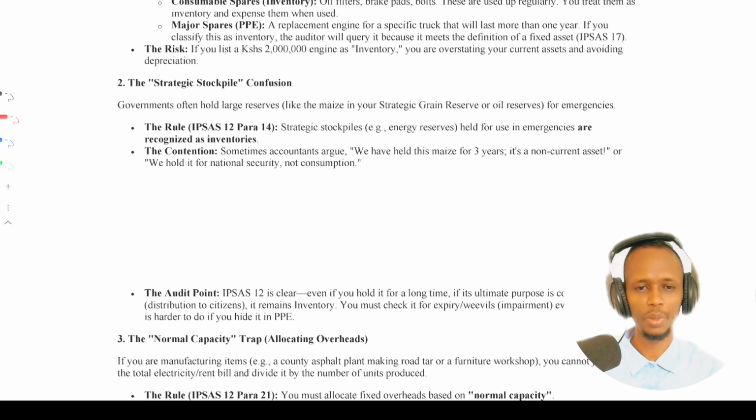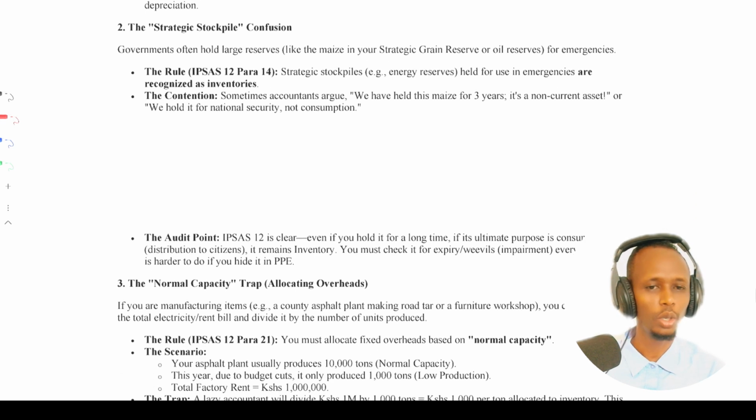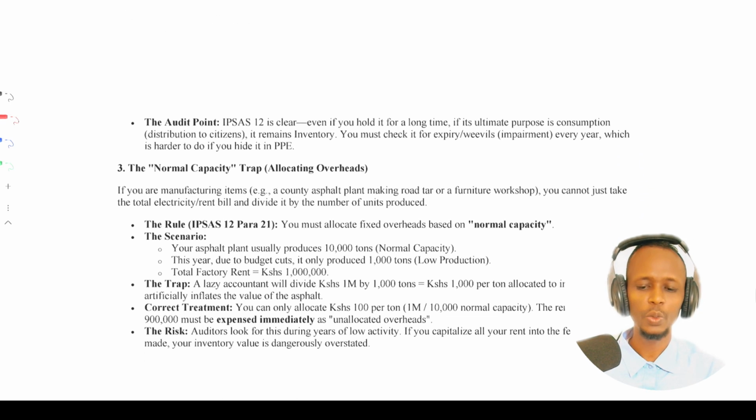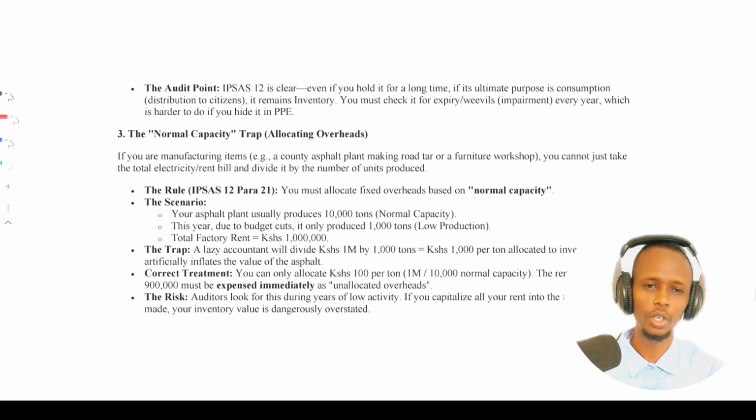Then it is not PPE, because the fact that it is held for consumption means you will treat it as inventories. You don't look at the value. As long as it is held for consumption, then it is inventory. Even if it is a house and the aim is that it is held for consumption, then you will treat it as inventories.